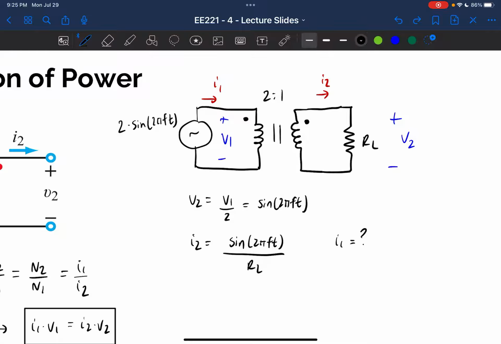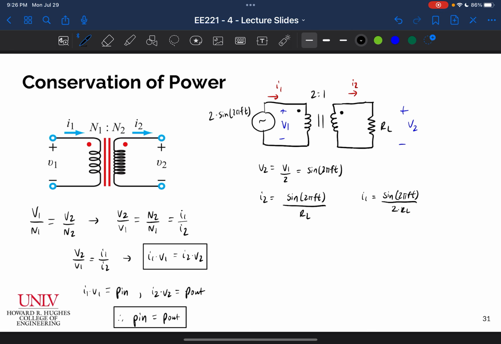From this side, the ratio is 1 to 2 going this way, so the current has to go 2 to 1. So whatever this current is, this current has to be half that value. So since we already know I2 is sine of 2 pi ft over RL, we know that I1 has to be the sine of 2 pi ft divided by 2 times RL. And that would be that for that problem.